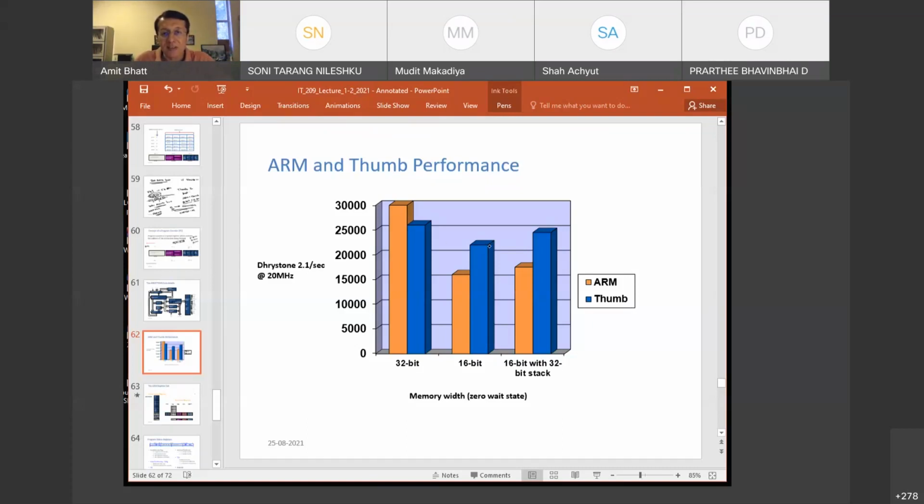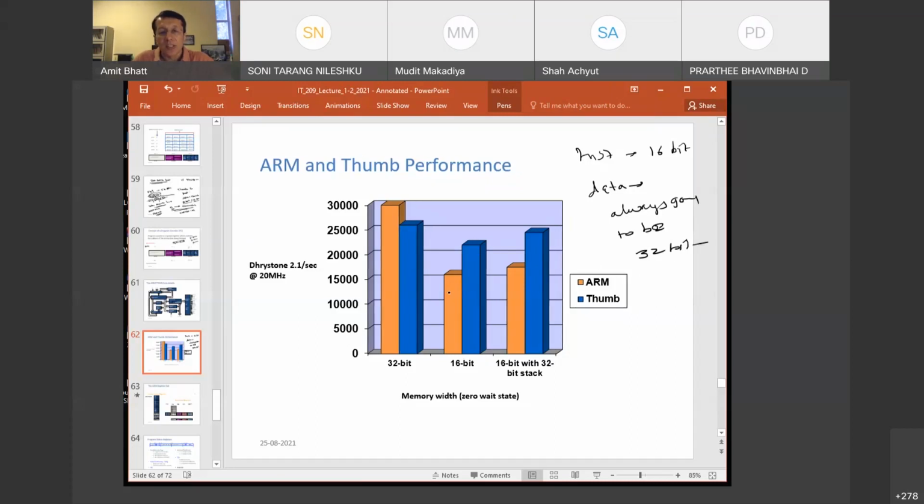The reason it is different is that though your instructions are 16-bit compressed, your data is always going to be 32-bit, right? So here, for the thumb instruction set, for an instruction, you just have to make one trip to the instruction memory and get the instruction.